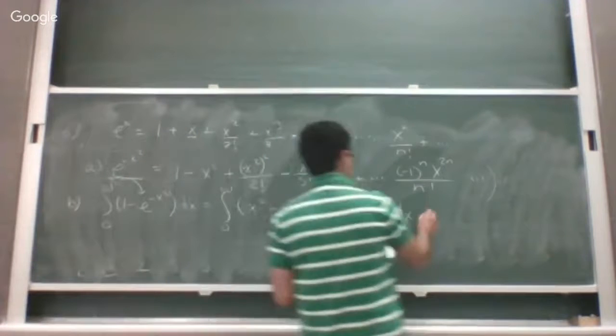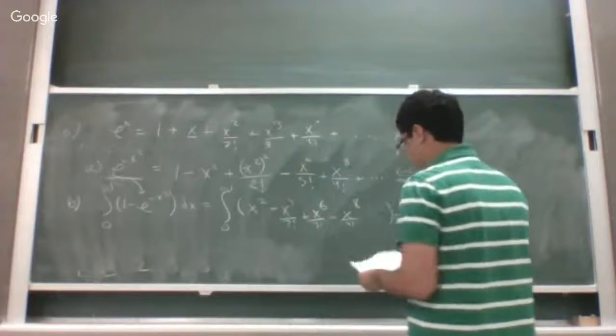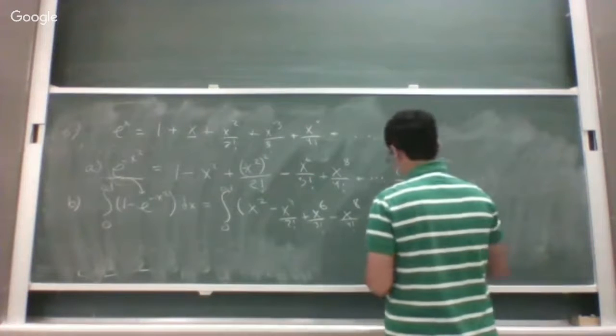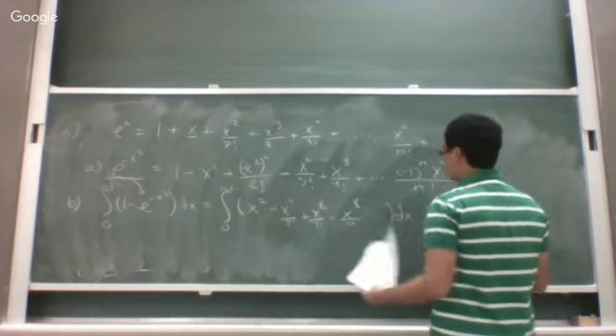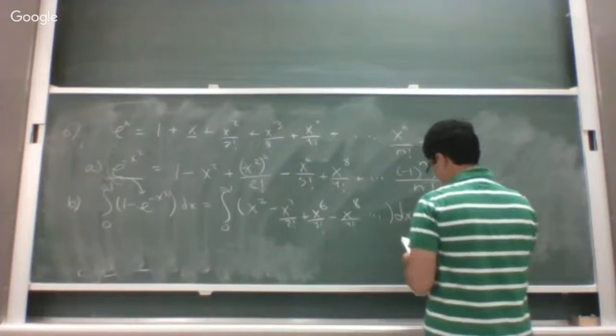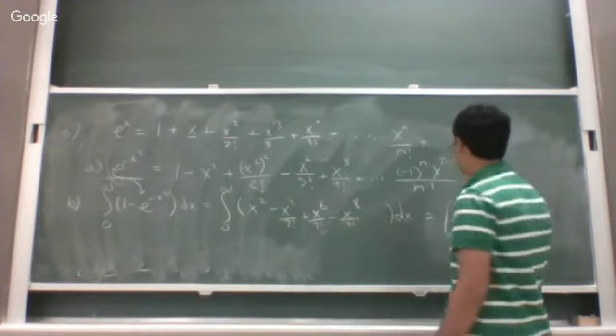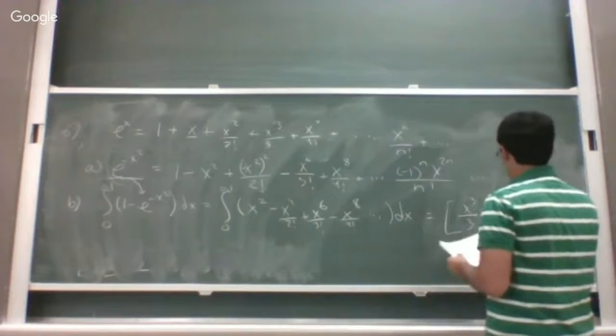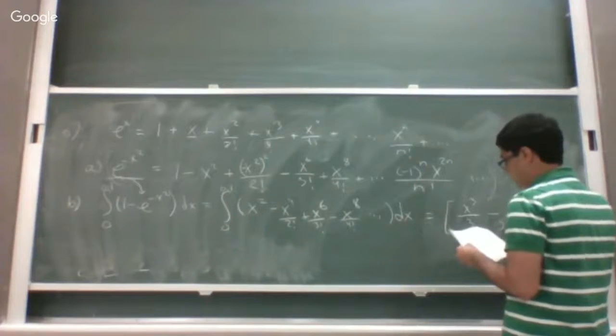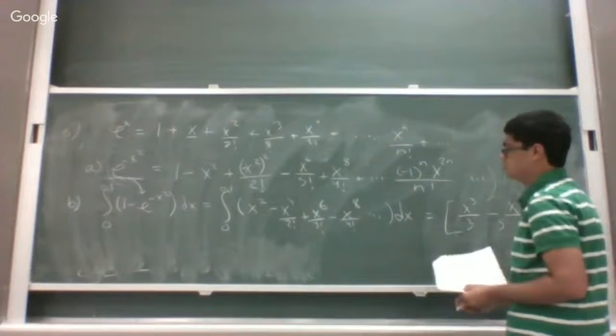Then it's just taking the integral, and these are all polynomials, so that should be easy. X squared becomes x cubed over 3. X to the 4th becomes minus x to the 5th divided by 5 times 2 factorial.